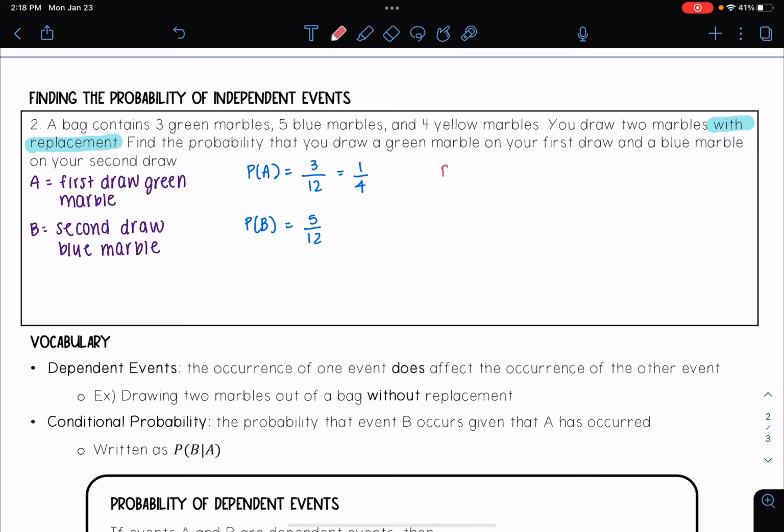So that means the probability of A and B is equal to the probability of A times the probability of B. So I have 1/4 times 5/12, which when you multiply those, you get 5 over 48. And 5 divided by 48, you get approximately 0.104. So that means you have a 10.4% chance.